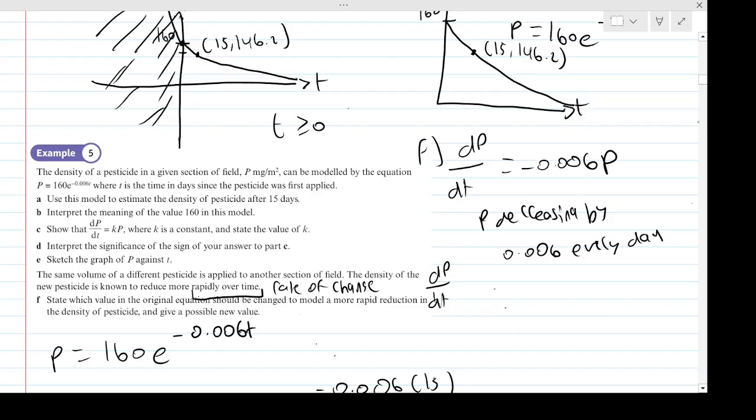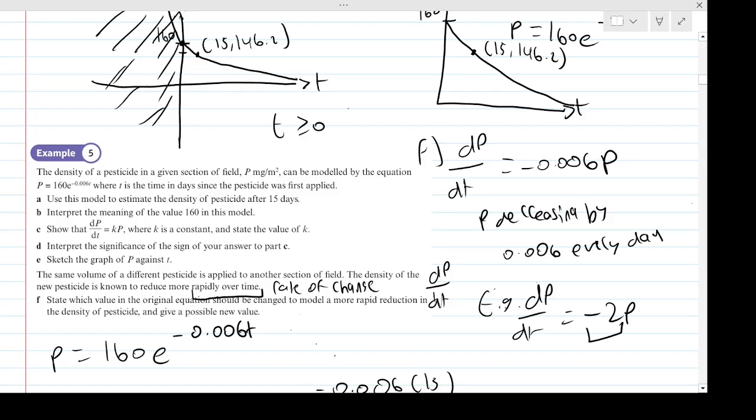Now, what it's talking about here is it's reducing more rapidly. So it's decreasing, but it's going to decrease more. What that means is we need this to be more negative. So, for example, if we changed it to, let's say, negative 2p, that's now saying that p is decreasing by 2 every day.